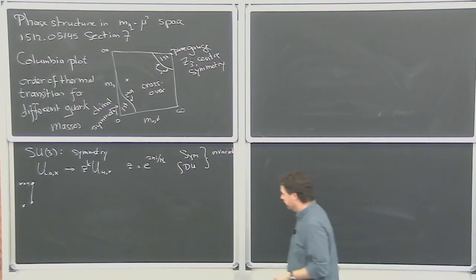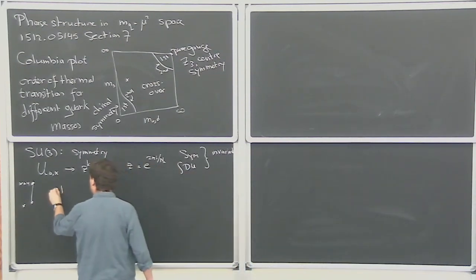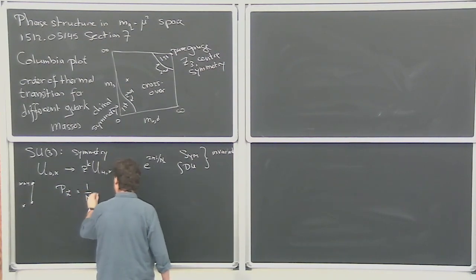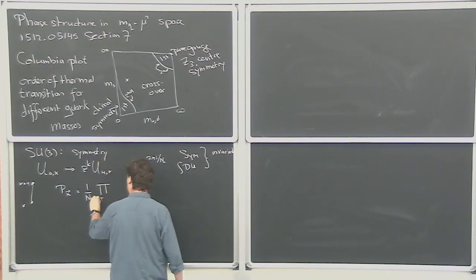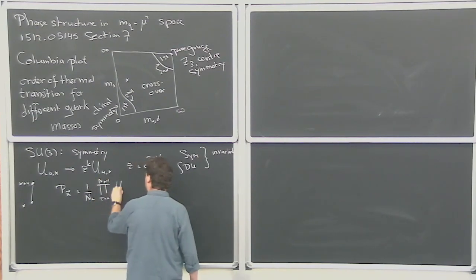But then we introduce a Polyakov loop, which is a product of all the links in the temporal direction.